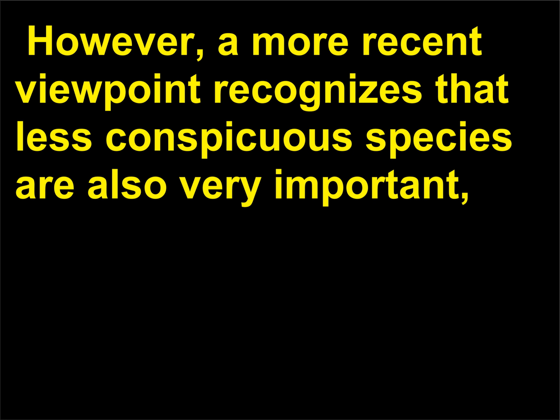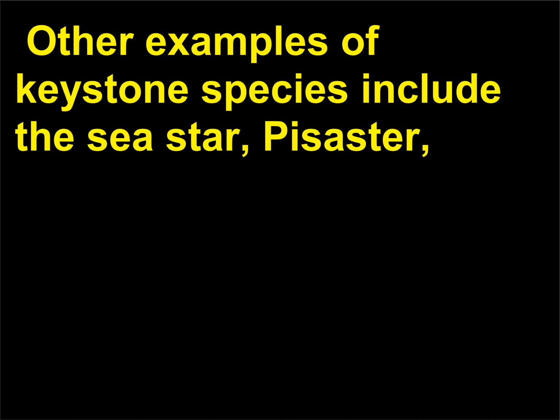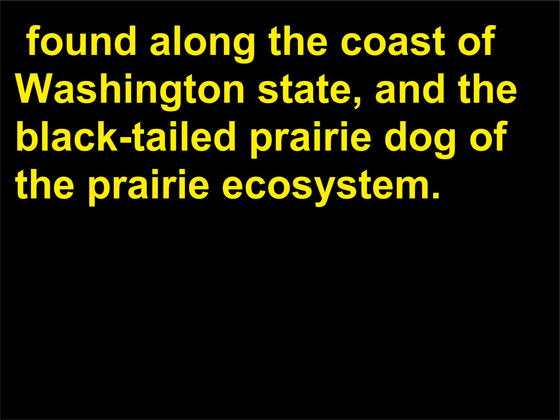However, a more recent viewpoint recognizes that less conspicuous species are also very important, as all species are interconnected in a biological community. Other examples of keystone species include the sea star, Pisaster, found along the coast of Washington state, and the black-tailed prairie dog of the prairie ecosystem.